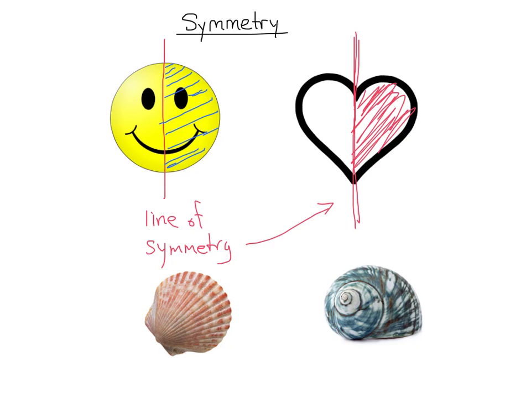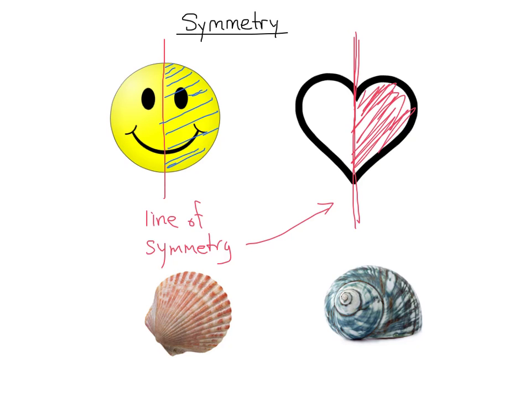All right, if you said that this shell has an axis of symmetry, you are correct. It is not, however, going straight down. If we try to get an axis of symmetry going straight down, that makes no sense because the right is not the exact same as the left. However, it does not have to be vertical. It could be horizontal or any other direction.